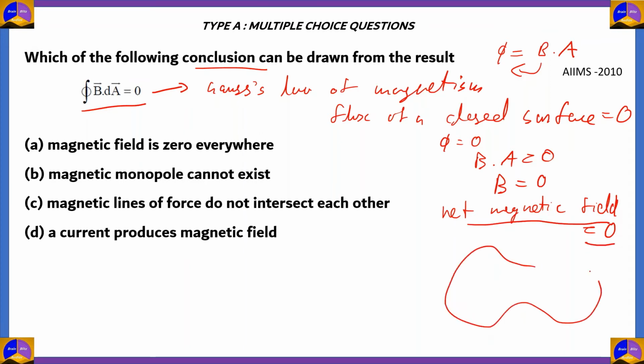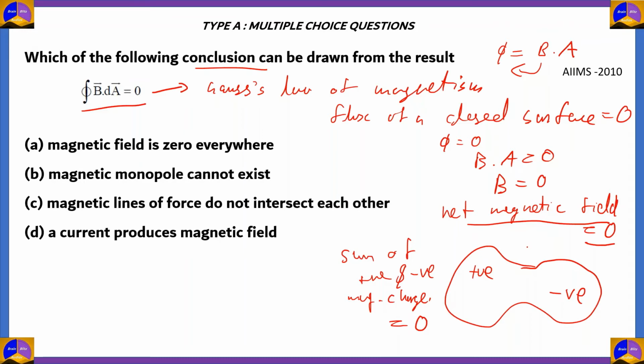It means that in a closed surface, we will have both positive and negative fields. So the fields will be in opposite directions. And the sum of positive and negative magnetic charge, which is what we call this, is equal to 0.